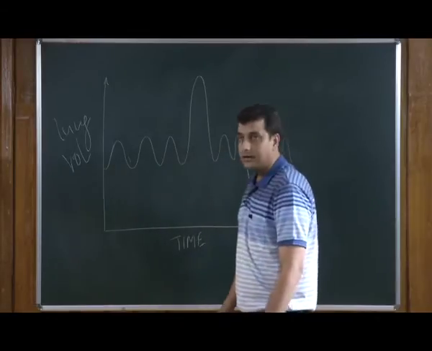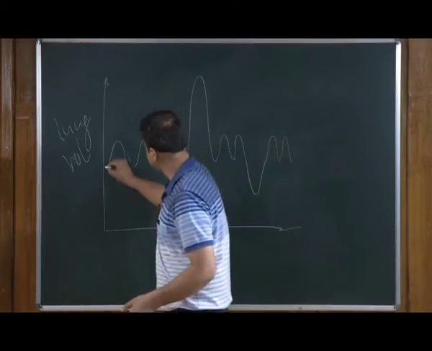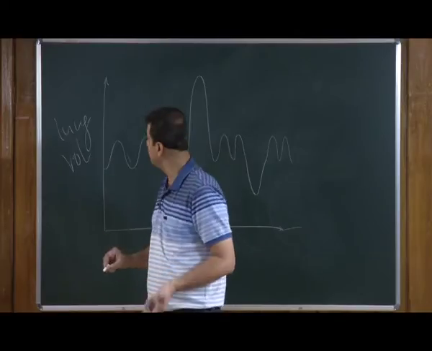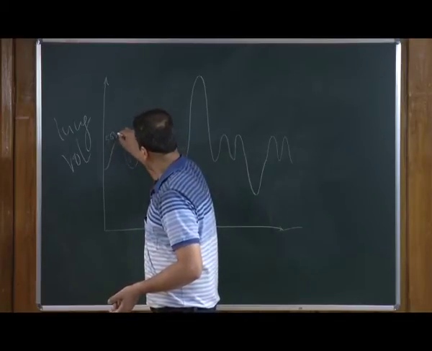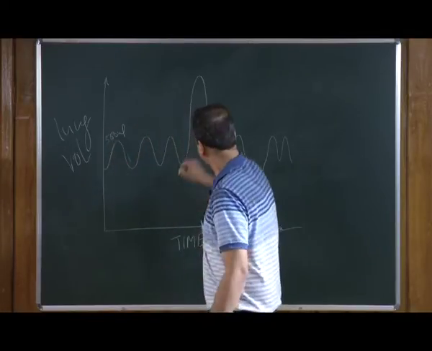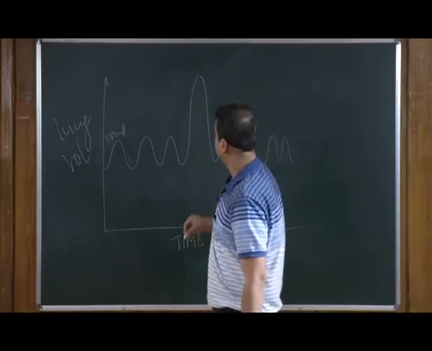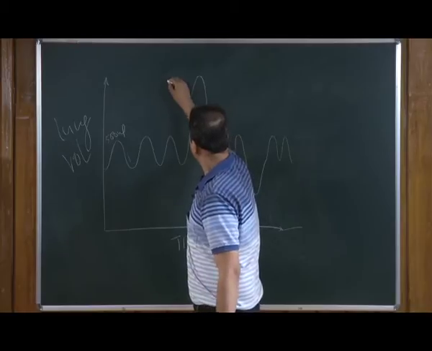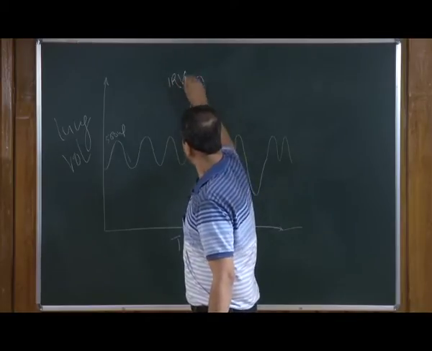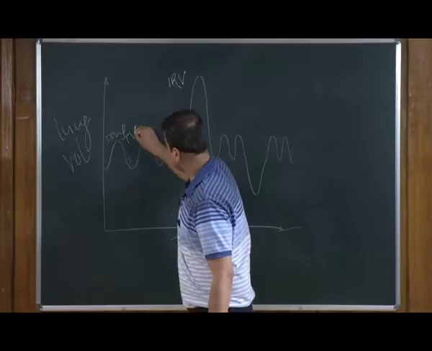If we try to recollect our knowledge, this normal volume which we are taking is generally approximately 500 ml. This extra volume which we take due to forceful inspiration, we call inspiratory reserve volume, and this is what we call tidal volume.